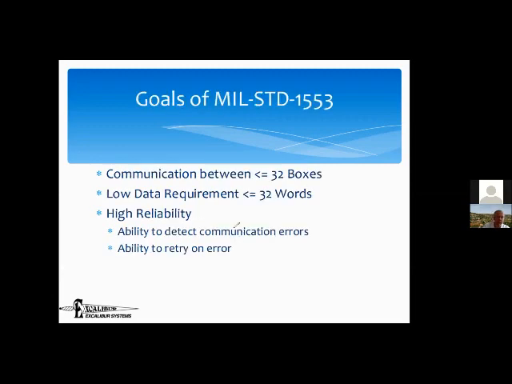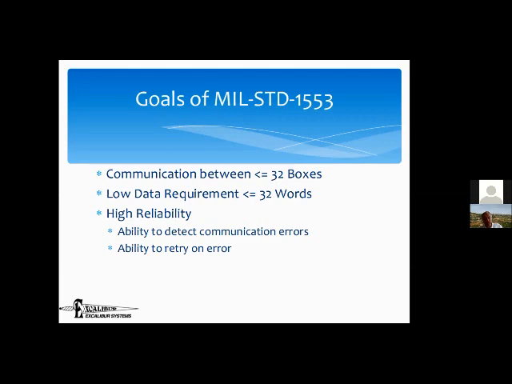Okay, so the design goals were communication between up to 32 boxes, right? You're talking late 70s airplanes; the F-15 probably was already around, if not certainly the earlier Fs. So not very large planes that don't have tons and tons of things on them. 32 boxes seemed like the height of what anybody might ever want to use.